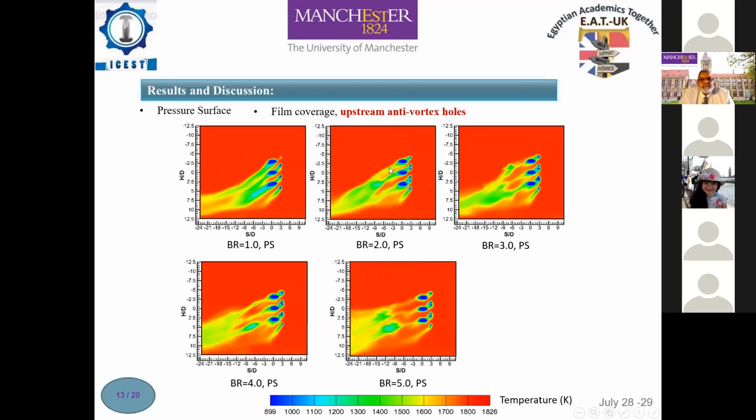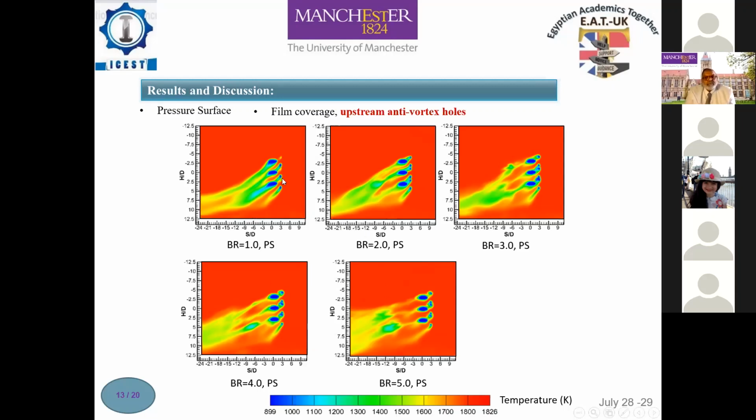These figures show the film coverage of the upstream anti-vortex case. The figures in this slide and the next three slides also show that there are obvious differences among the three anti-vortex cases at the same blowing ratio. This means that the side hole's position is an important factor in the anti-vortex film cooling performance.